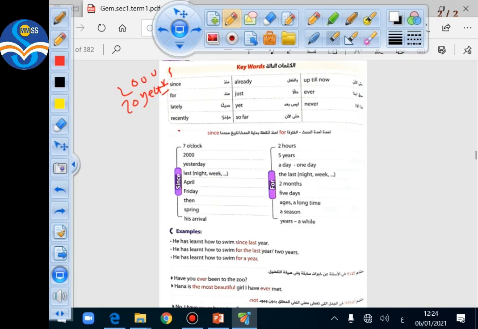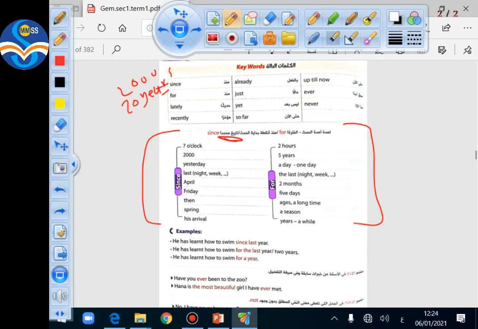Here it gives you an example about when to use since and when to use for. As we've said, since comes with a specific time, a specific date. So we say 7 o'clock, 2000, yesterday, last night, April, Friday, then, spring, his arrival. All of those words give me a specific time in the past.